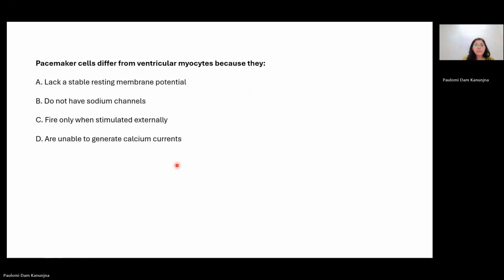Okay. Now, here is where I will discuss what I was trying to tell you before. But before that, you answer me. Pacemaker cells differ from ventricular myocytes. Why?